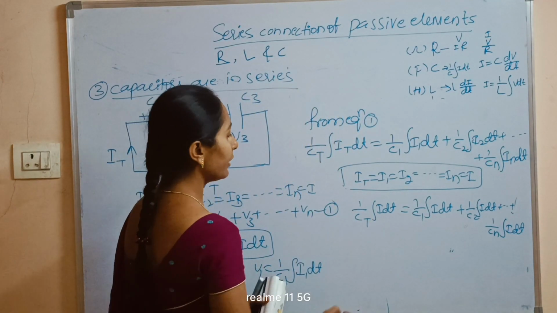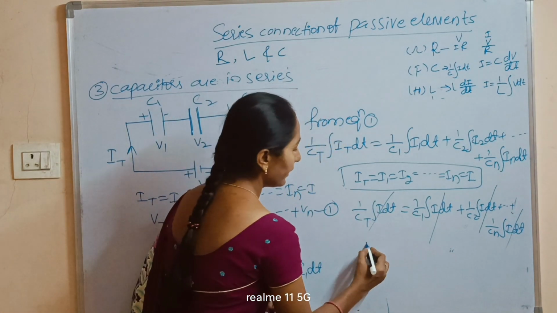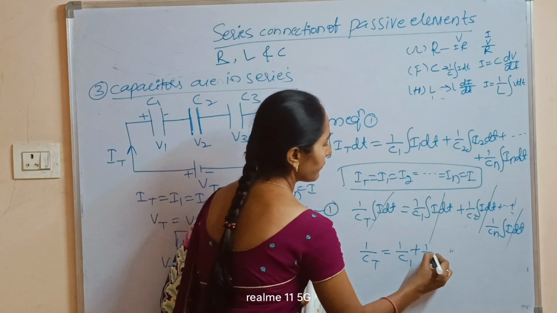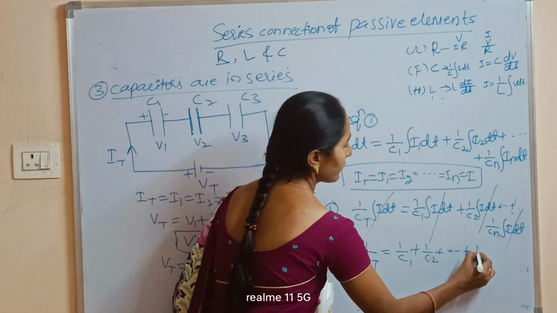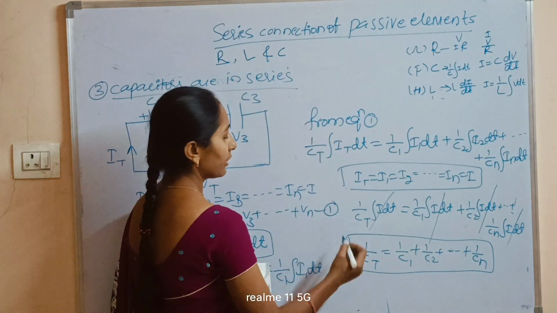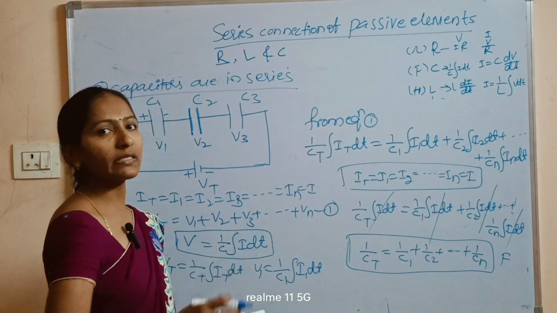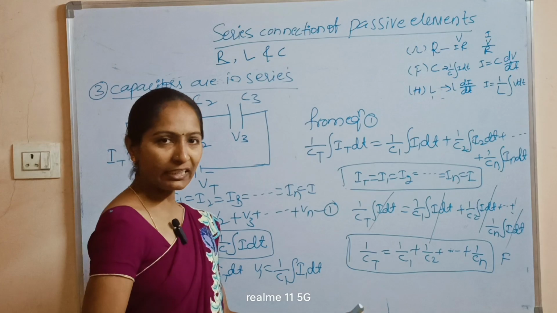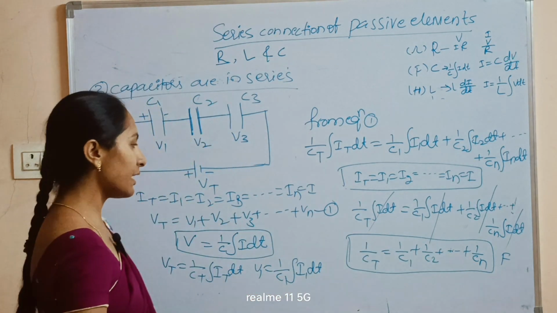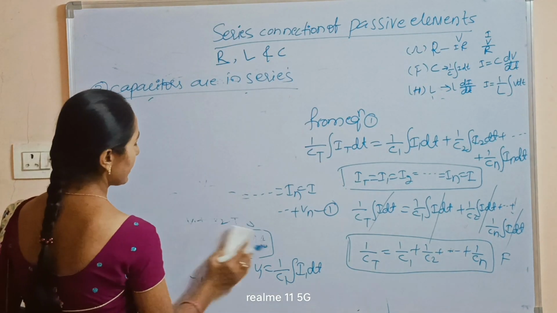Now current is common here, just remove that, then we'll get 1 by C total is equals to 1 by C1 plus 1 by C2 plus so on plus 1 by Cn. So this is the total capacitance in series connection in terms of farad. If n numbers are connected in series, the equivalent capacitance is equal to 1 by C1 plus 1 by C2 plus so on 1 by Cn. So, suppose I am considering two capacitors are in series.